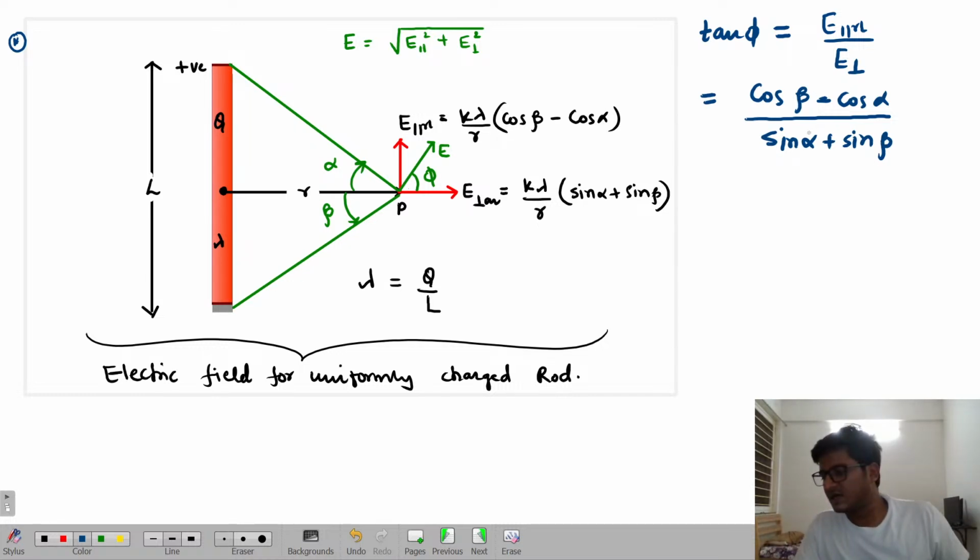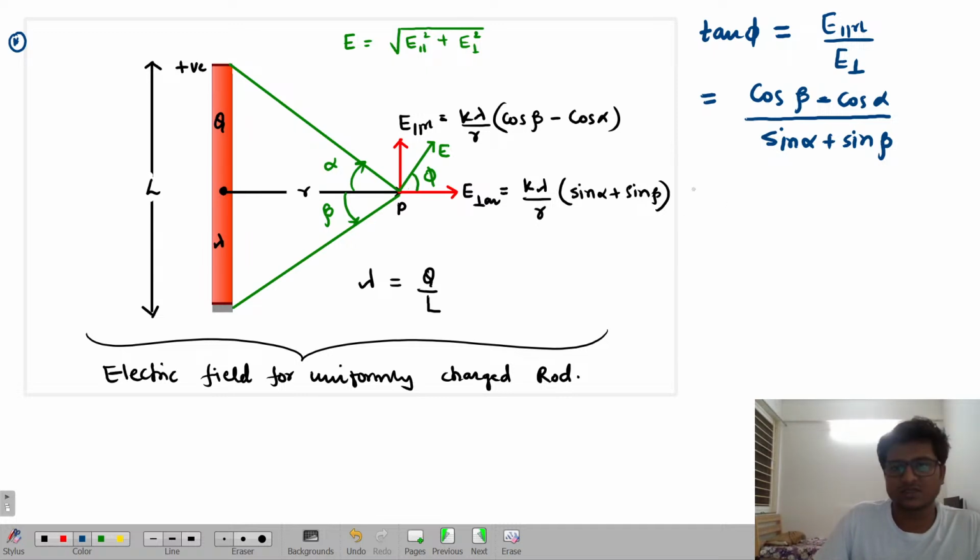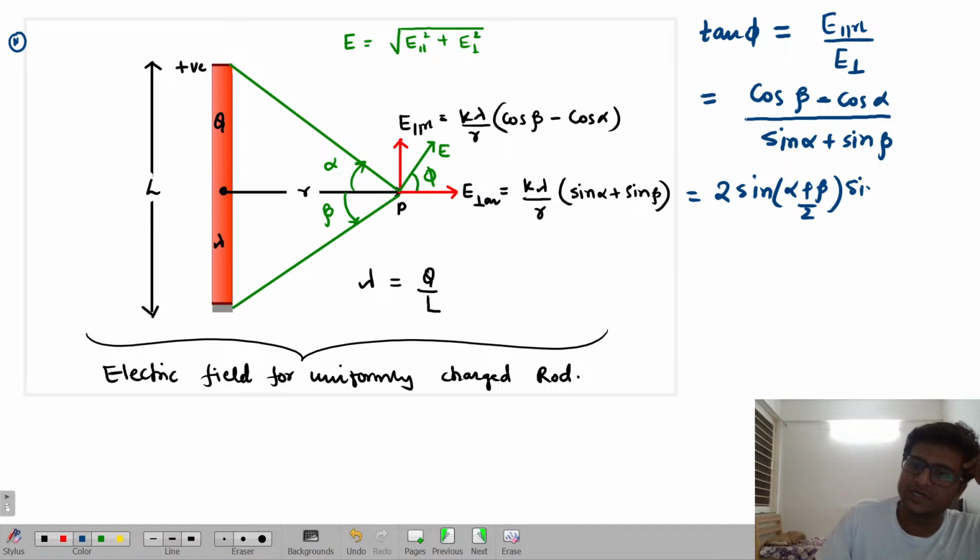This follows a trigonometric ratio: cos alpha minus cos beta can be written as 2 sin alpha plus beta by 2 into sin alpha minus beta by 2.